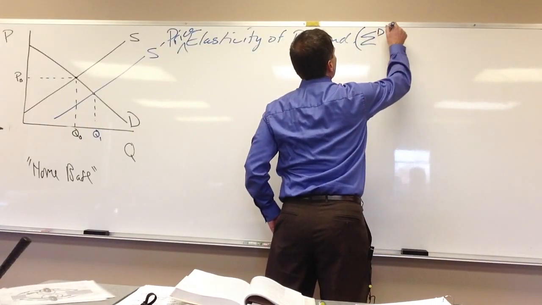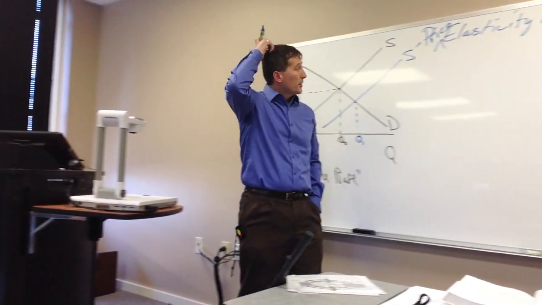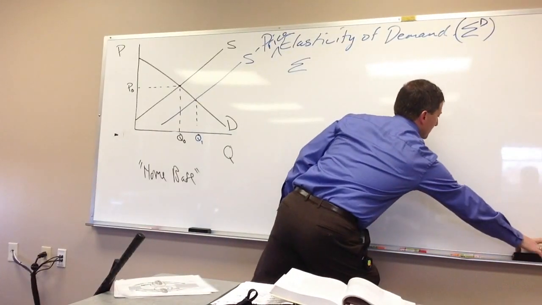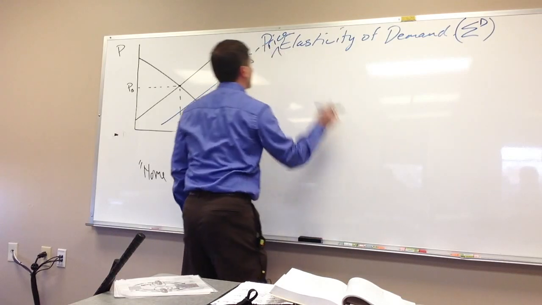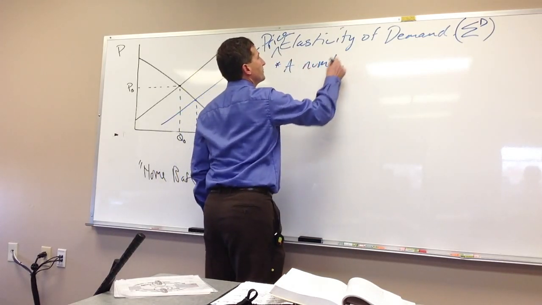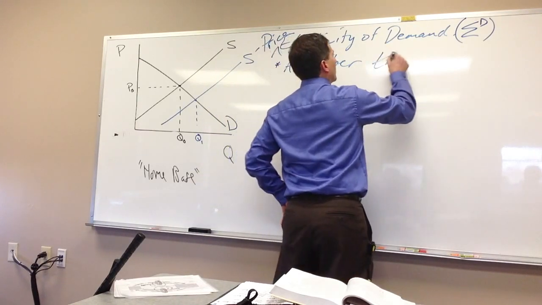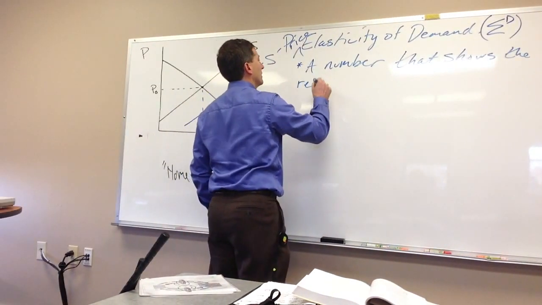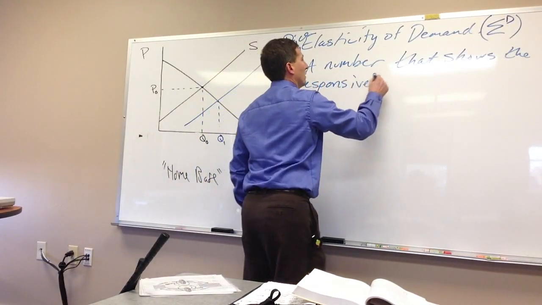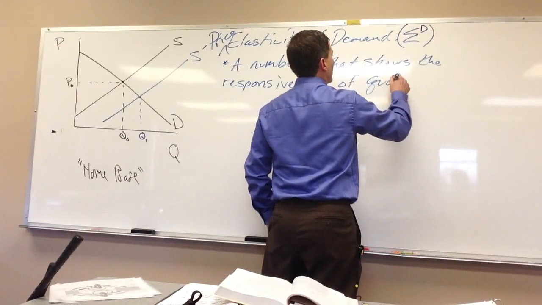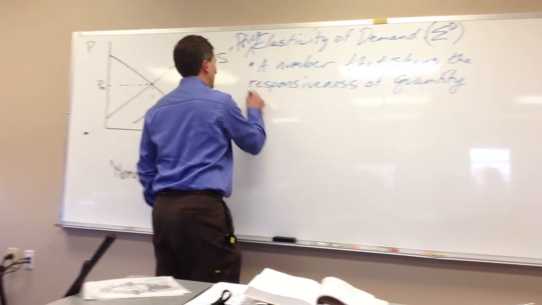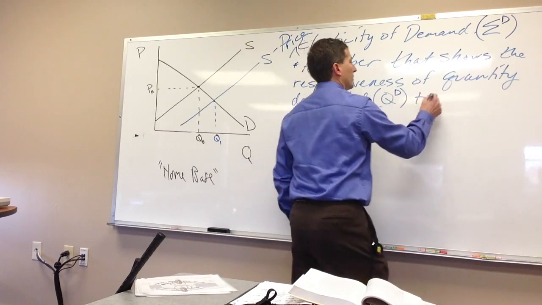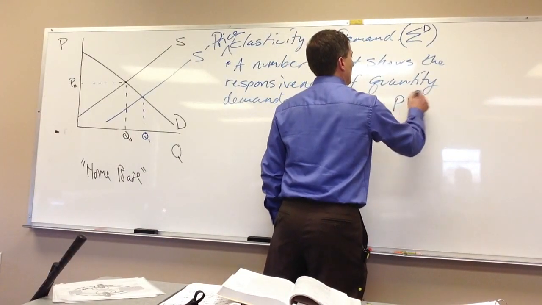E superscript D. So the price elasticity of demand is, let's define it first before we do the formula, simply a number that shows the responsiveness of quantity demanded to a price change.